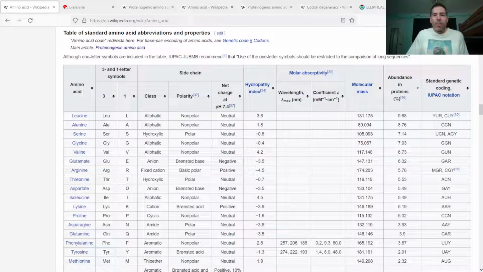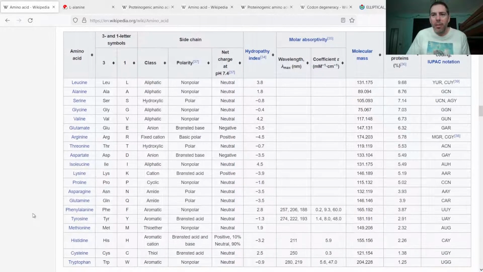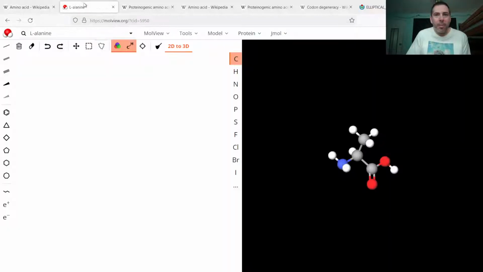Okay, well, let's summarize all the amino acids that we've seen. Here's the table: 20 amino acids sorted by abundance in protein. And to stick with the theme, I'm going to just start drawing them.